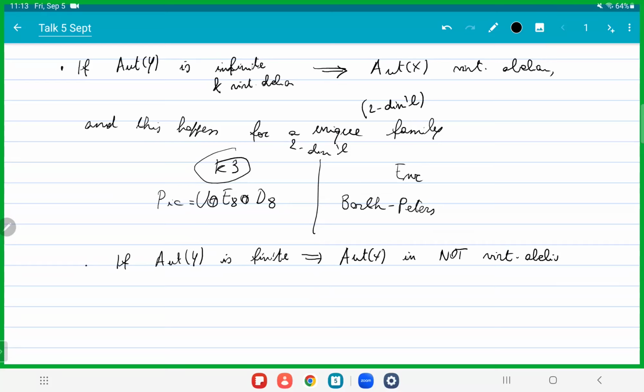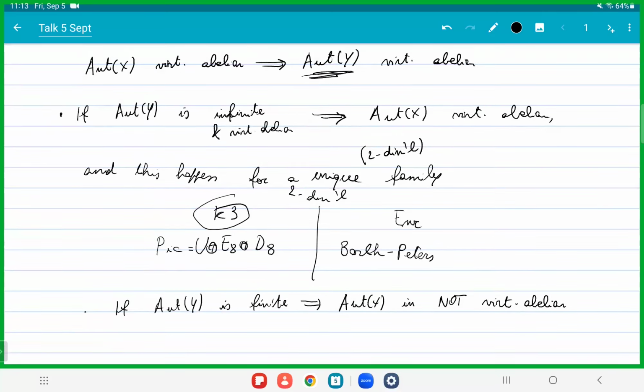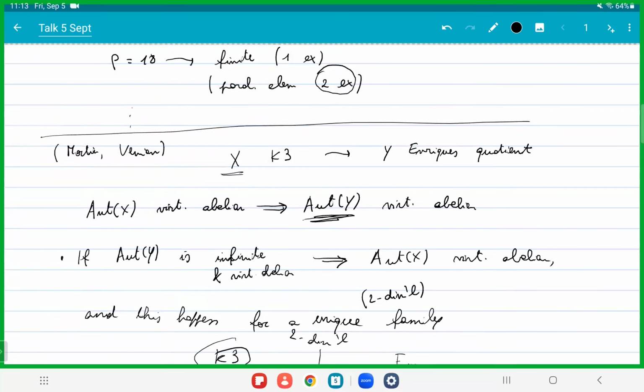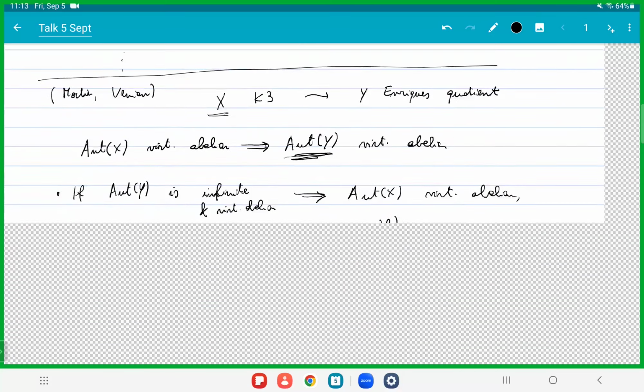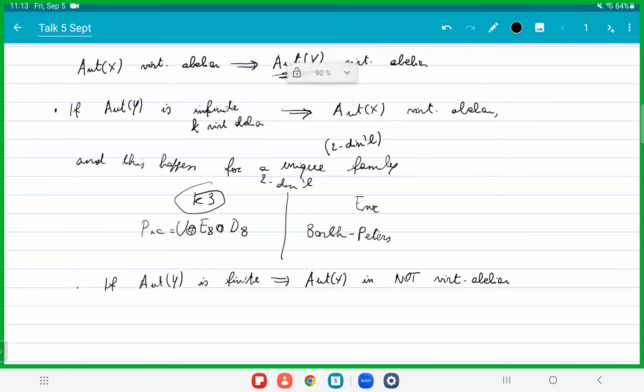I don't have a good reason why this is the case. Intuitively, when we have an Enriques surface with finite automorphism group, the K3 cover is very, very special, usually with Picard rank 20, so it cannot have a virtually abelian automorphism group. So it's a very different behavior when it's finite.